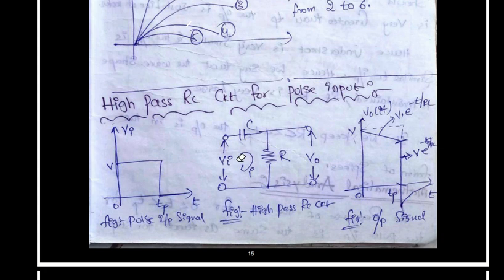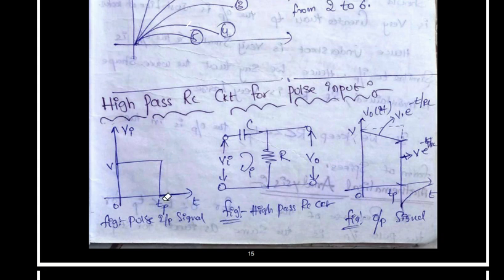Whenever the capacitor behaves as a short circuit, the same signal is applied here and we get the same signal as output. Whatever signal you applied here, the same signal is transferred to the output terminal. Therefore, V0 is equal to Vi at t is equal to Tp. If you get V as amplitude, the same V appears at this point.